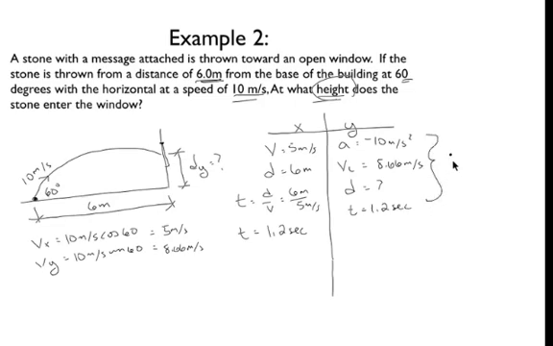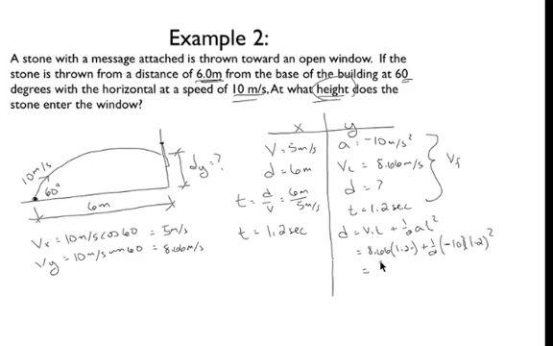I do not have VF, so I'm going to use the equation that d is equal to vit plus the 1/2 at squared. This gives the height of the projectile at any position, knowing the initial vertical velocity, the time in the air and the acceleration due to gravity. So I'm going to start here with my positive 8.66 times my time of 1.2 seconds plus 1/2 of a negative 10 meters per second squared times my time of 1.2 squared.